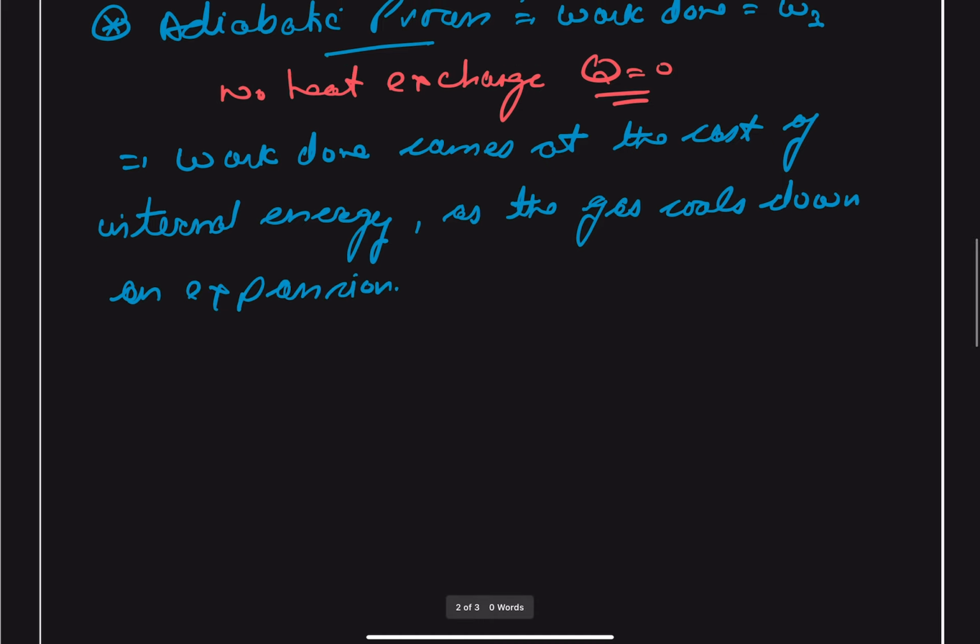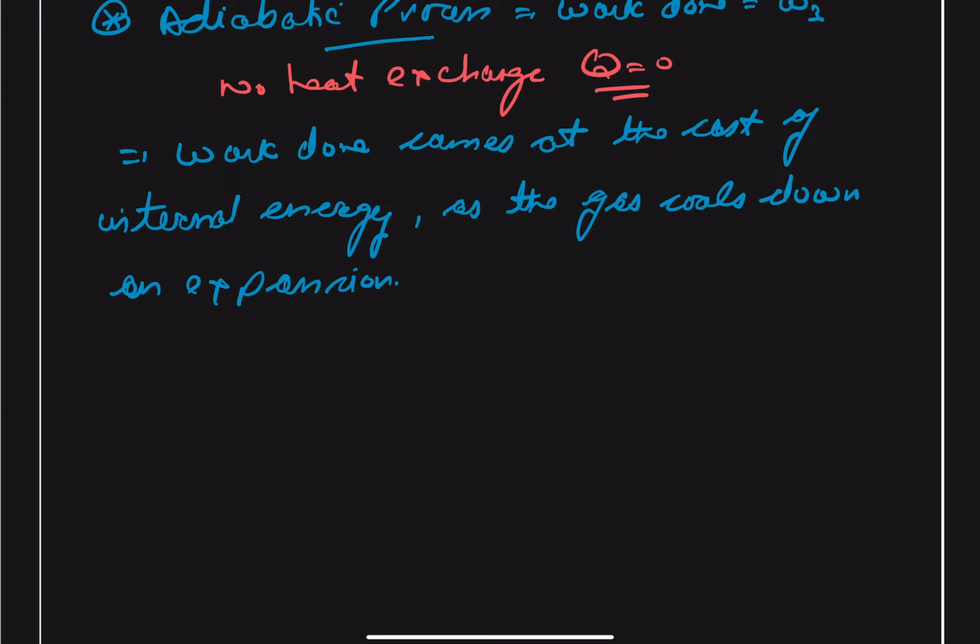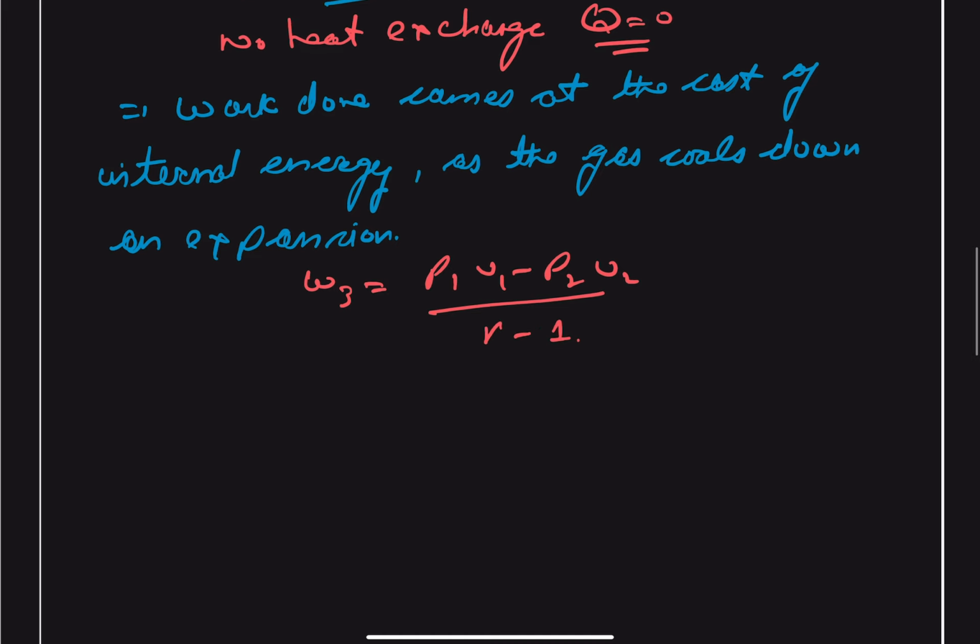So in this case, we can write that our W3 will be equal to P1 V1 minus P2 V2 divided by gamma minus 1. And this W3 is the smallest.